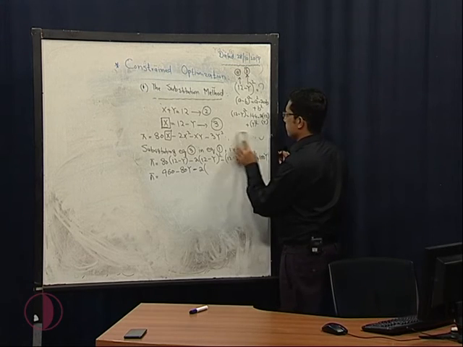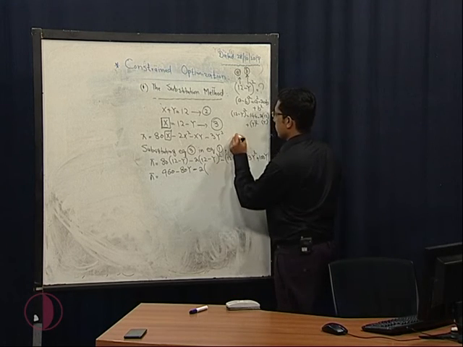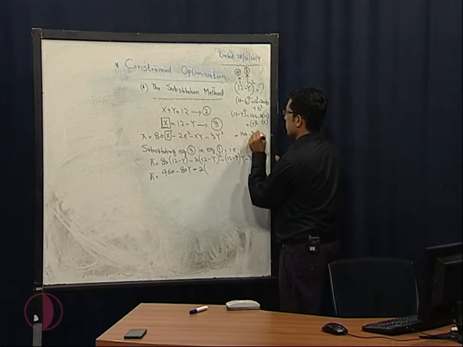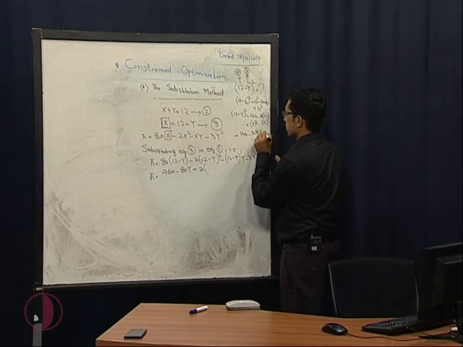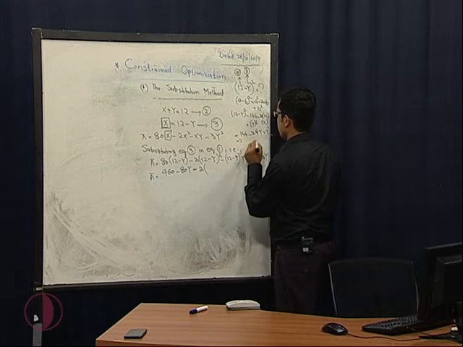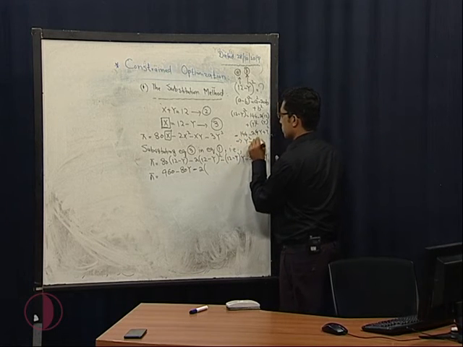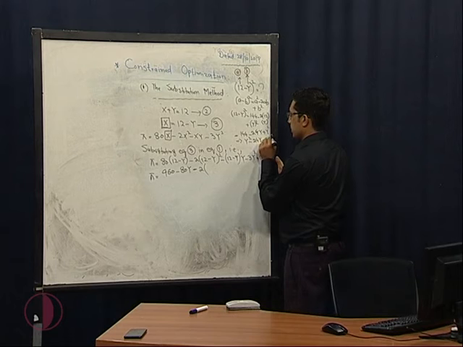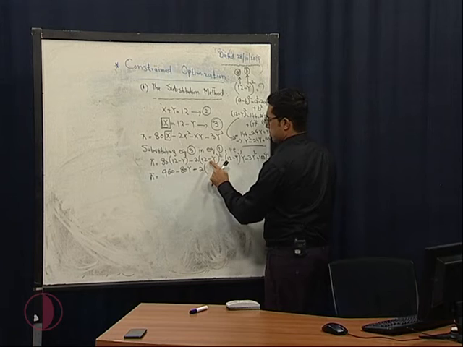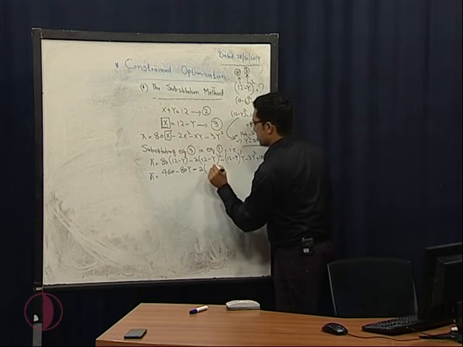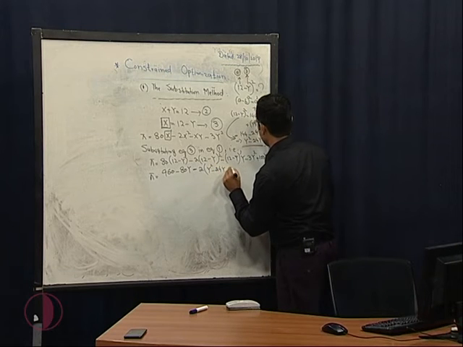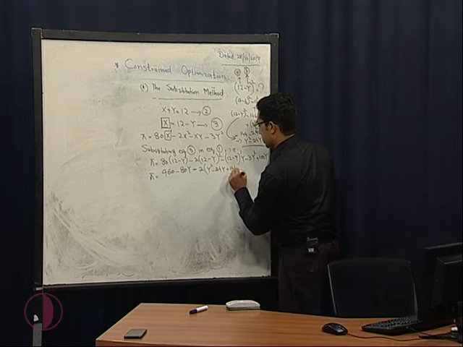We can write it as 144 minus 24y plus y square, or we can also write it as y square minus 24y plus 144. So for (12 minus y) whole square we can substitute y square minus 24y plus 144.